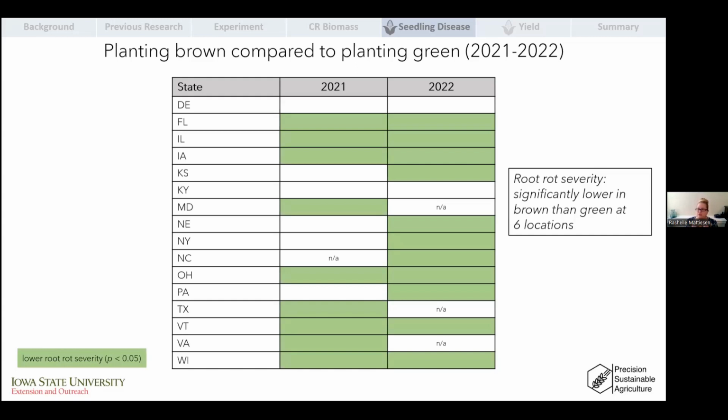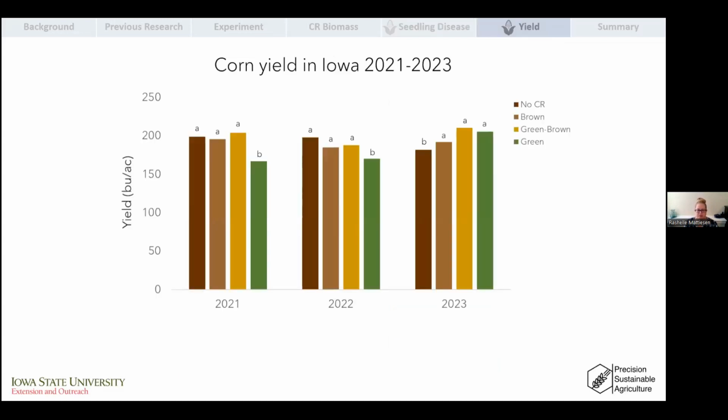And again, that was across 2 years. There are some locations where it's one of the 2 years, but when we look at both years, such as with Iowa, at 6 locations there was lower seedling disease in the planting brown compared to the planting green.